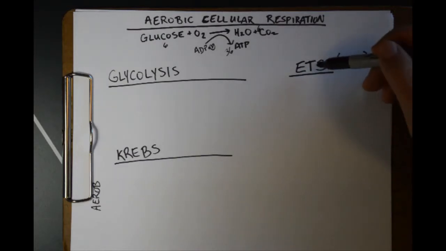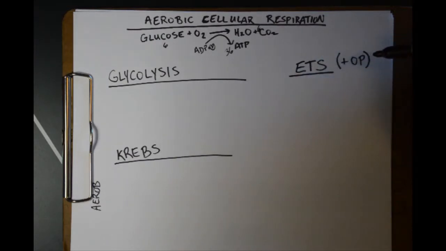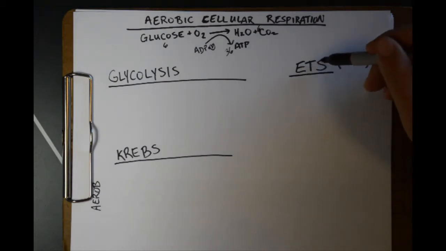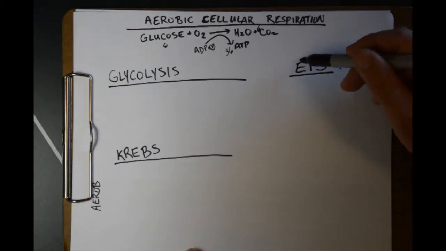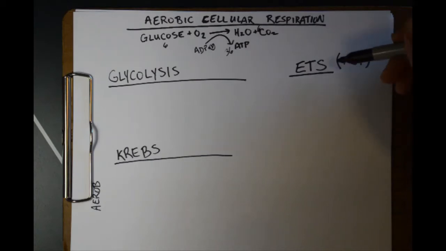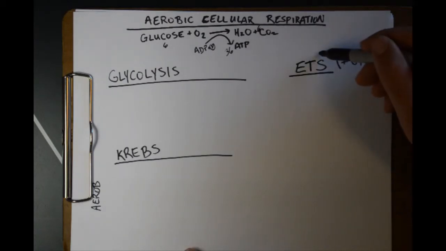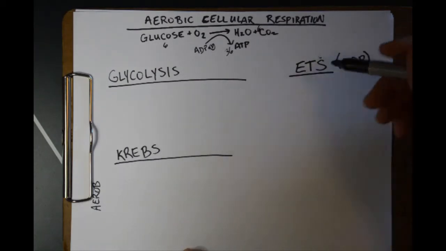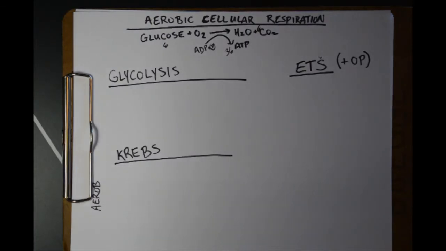So there's a lot of stuff that goes on. The electrons move through and make ATP. Technically that's part of oxidative phosphorylation. Big term, but just generally we'll refer to this as the electron transport system or the electron transport chain. All right, so let's take this one step at a time.